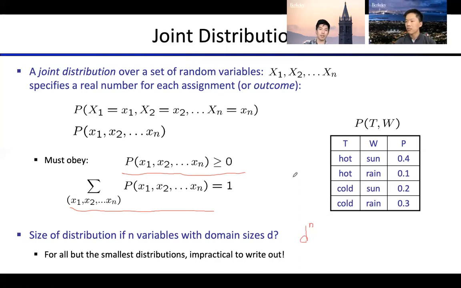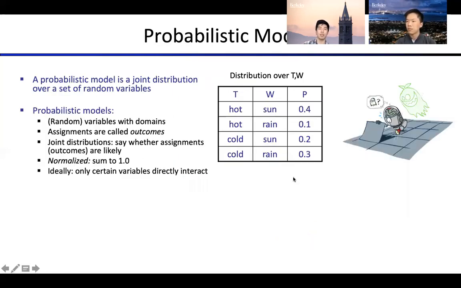And since you brought it up, this is actually exponential in the number of variables, so it is usually impractical to write out the joint distribution, the big table, explicitly. That's why in future lectures we'll talk about how to model the big table with simpler, more concise, smaller tables. But that's just the basic stuff first.